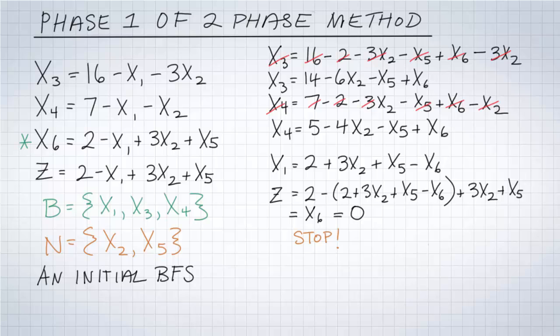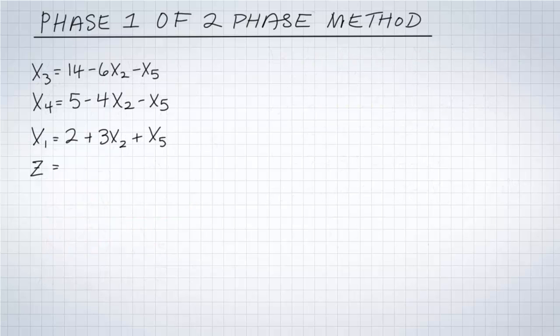And we are now ready to continue from there, but with the original objective. So let's copy a few things from that slide onto here. We've copied the equations for x3, x4, x1, and now we're going to redefine our z, which is the original x1 plus 2x2.